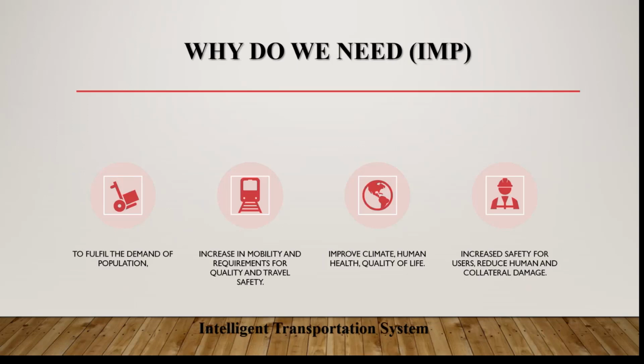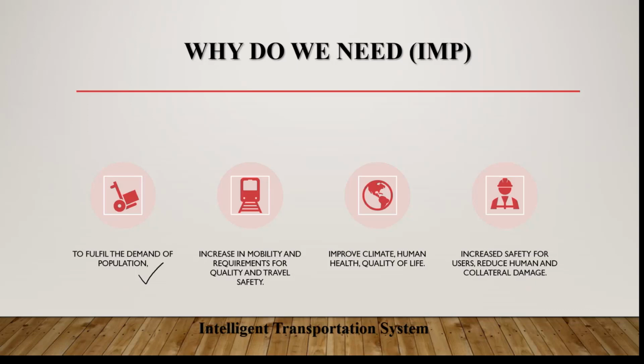So why do we need it? It is very important because everyday life in most of the cities of the world is increasing. So the demand of population is very huge, and there is a continued increase in mobility and requirements. If we have less population, their requirement would be limited.